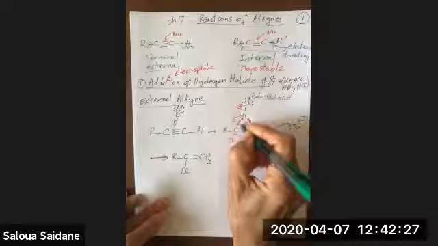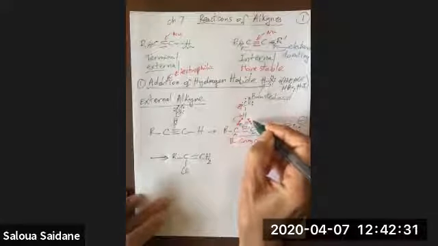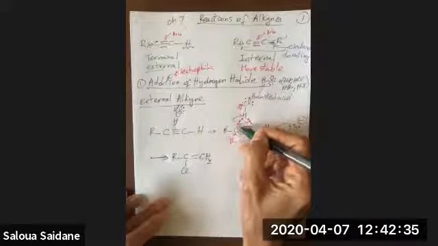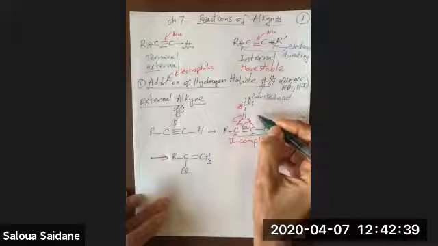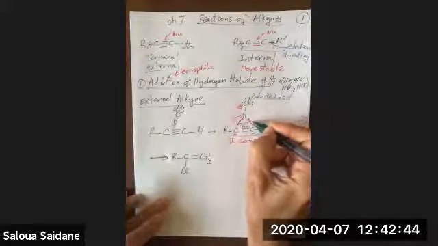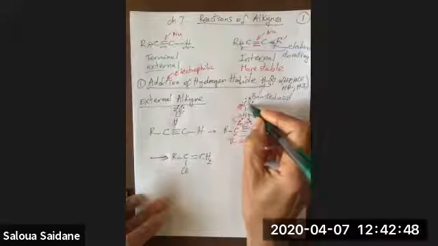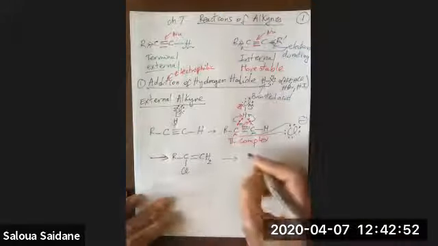So now we have the arrows like this, and so the hydrogen will attach to this. And you see how we have two arrows, this comes here. So in this case, this opens like this and this opens like this.